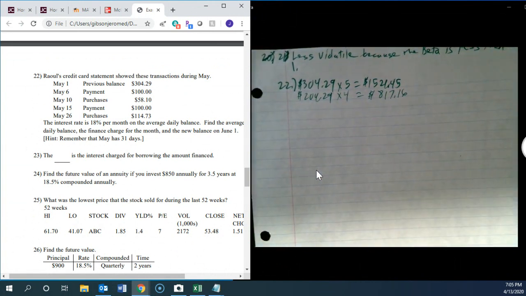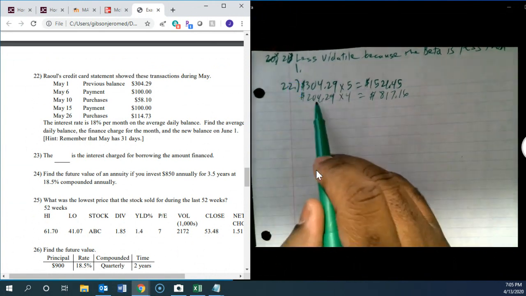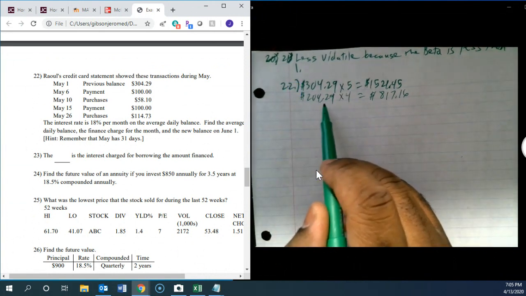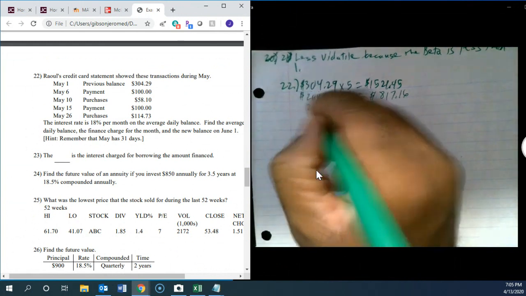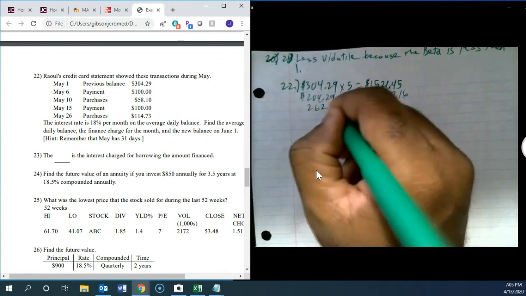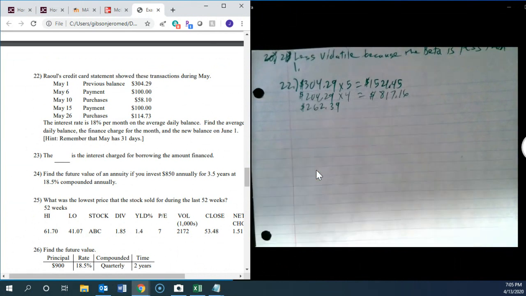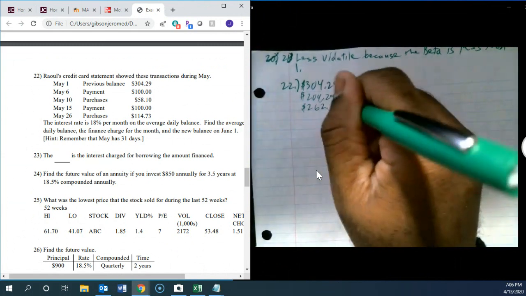Okay, next. It said we made a purchase of $58.10. So we're going to add the $58.10 here. It'll be $262.39. And then that will go from May 10th, well, basically to the 14th. So that'll be 5 days.